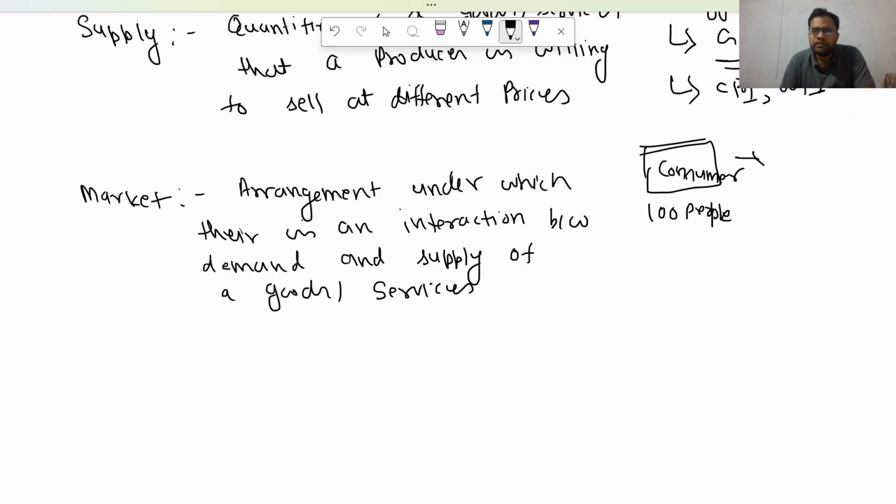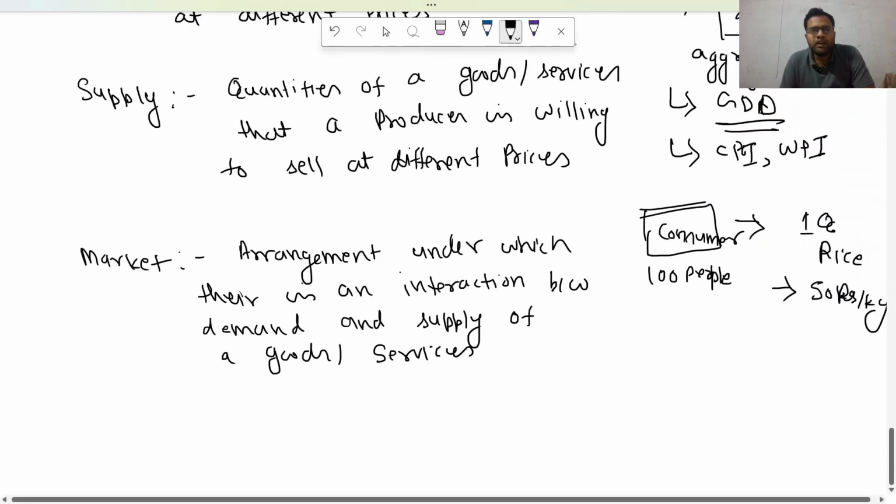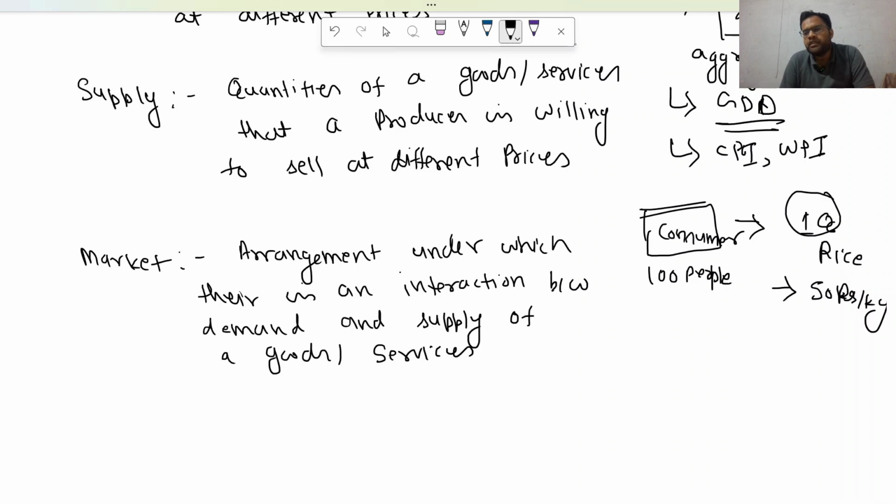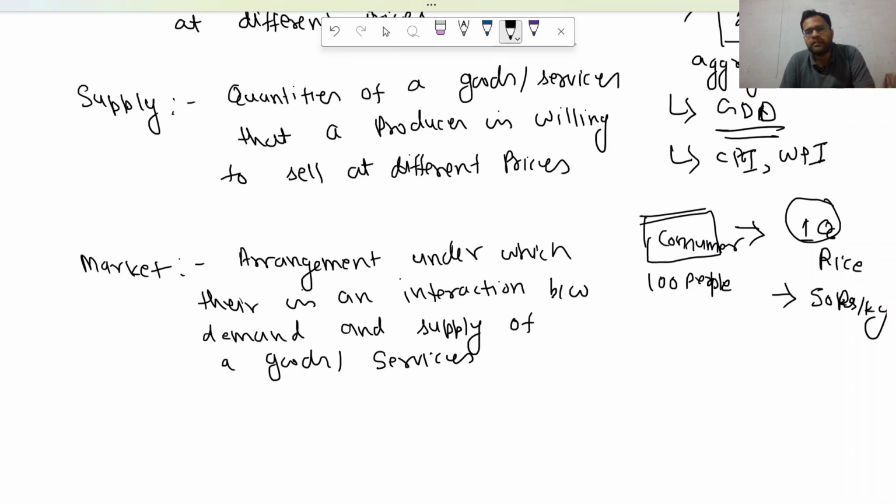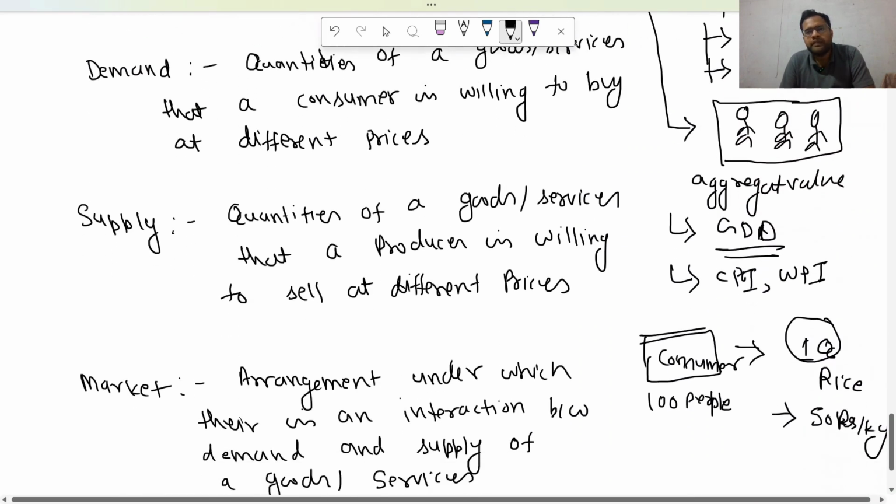They are willing to buy, let's say, 1 quintal of rice at the price of 50 rupees per kilogram. So the demand of this rice will be 1 quintal at 50 rupees per kilogram. So this is the demand of a particular good.